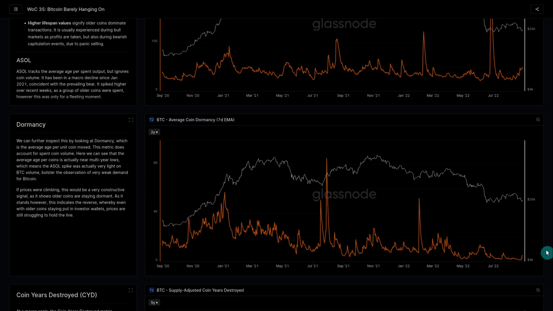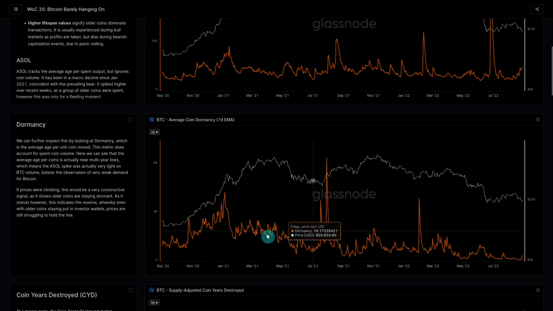So where ASOL is the average age per output, or per transaction is probably the way to think about it, average coin dormancy is how old was the average BTC that was moved. So we look at all of the transactions that happen, all the Bitcoin volume, we have the age of those BTC, and then we take an average age.